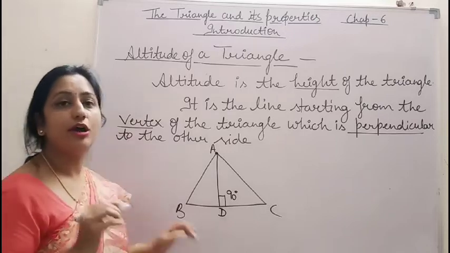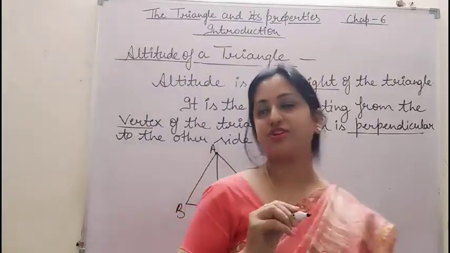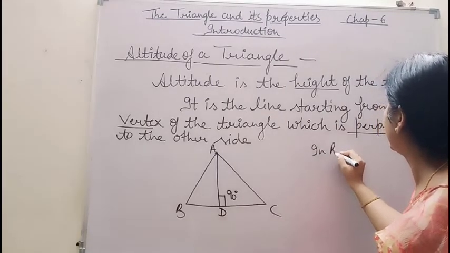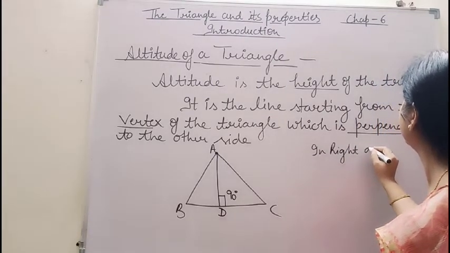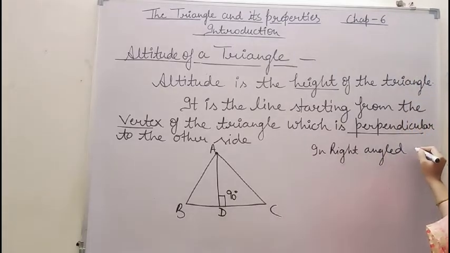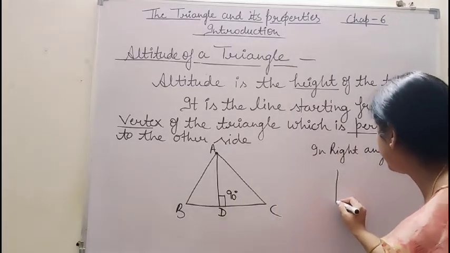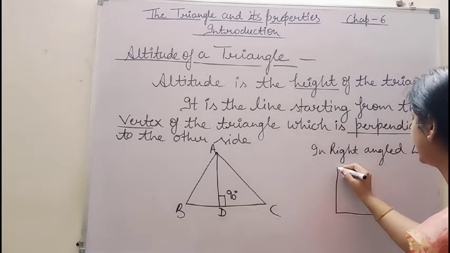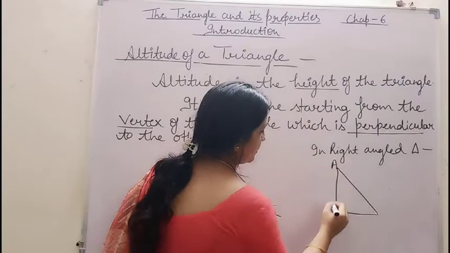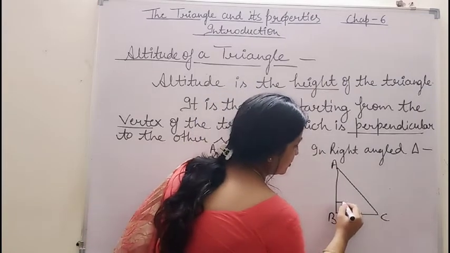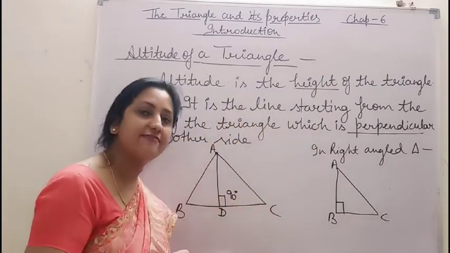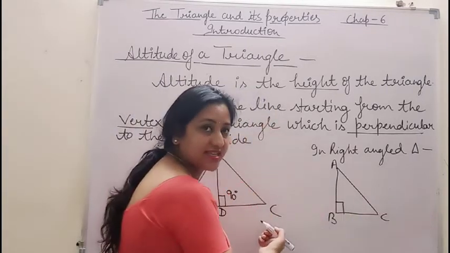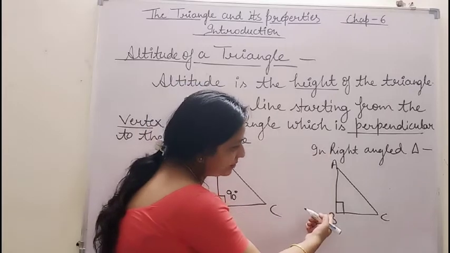Okay. Now we are talking about the right angle triangle. See, in this triangle A, B and C, here AB is itself an altitude, and BC is an altitude of line AB.